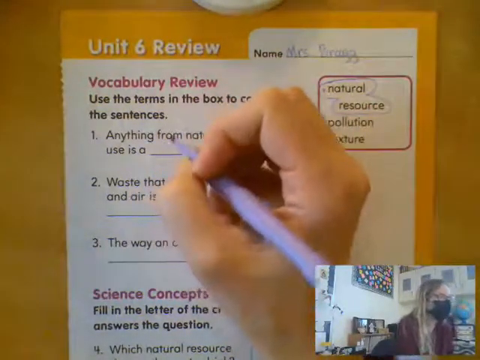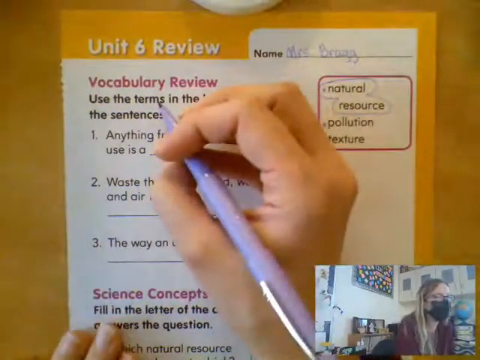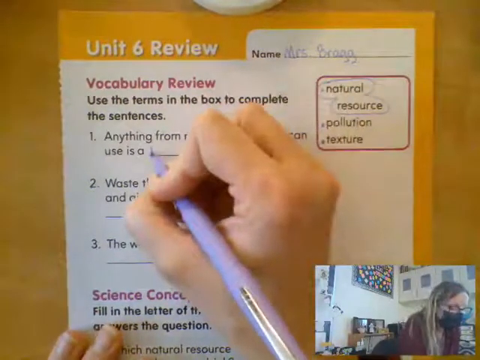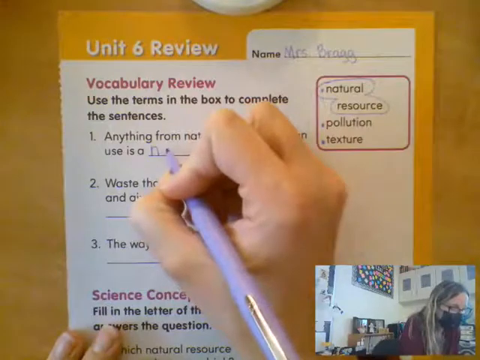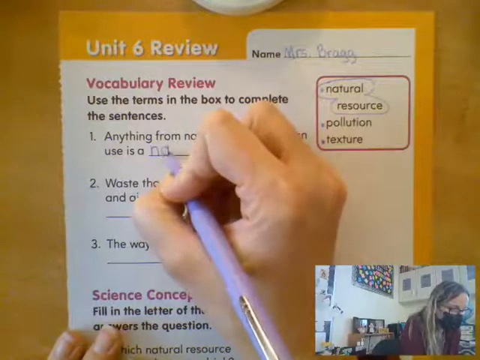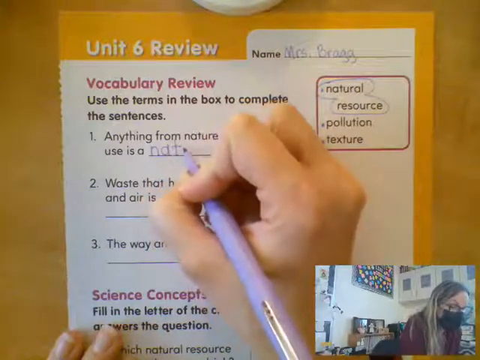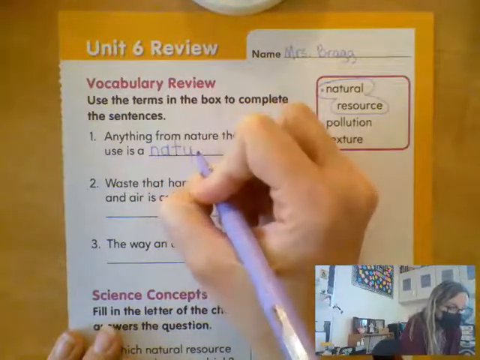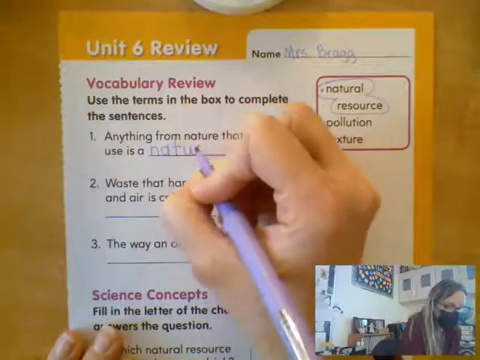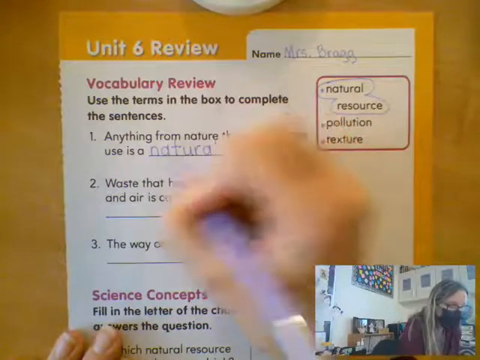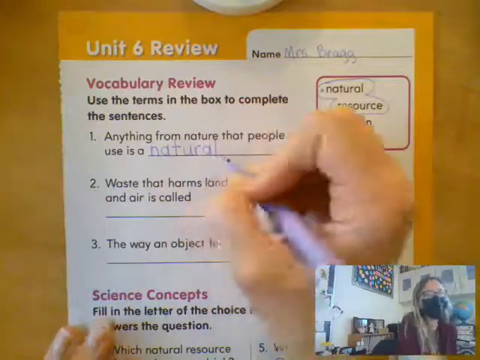So this first set of words here, natural resource, we are going to copy onto this line. I'll spell it for you if you just want to write the letters as I tell you, and then you don't have to keep looking back and forth. N-A-T-U-R-A-L. That says natural. And then there's a finger space.